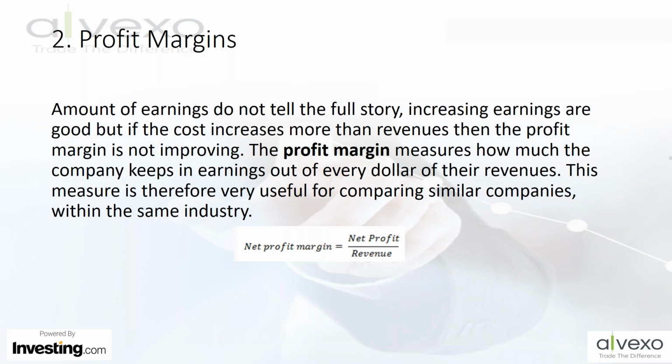Amounts of earnings do not tell the full story. Increasing earnings are good, but if the cost increases more than the revenue, then the profit margin is not improving. The profit margin measures how much the company keeps in earnings out of every dollar of its revenue. This measure is therefore very useful for comparing similar companies within similar industries.